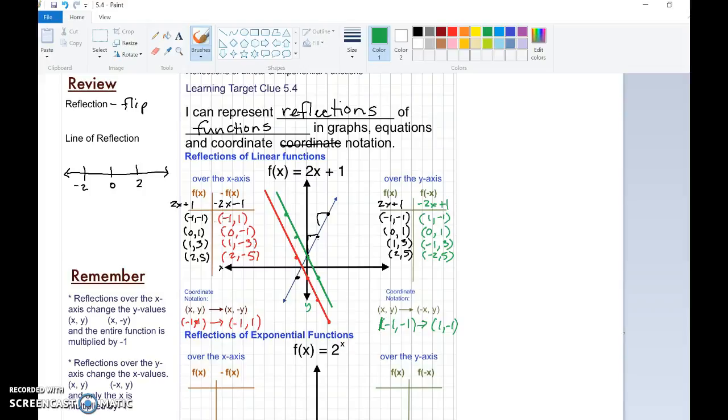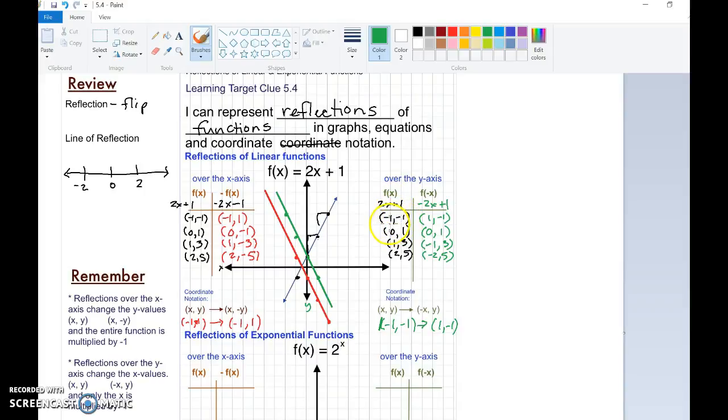Okay, now back to over the y-axis. When we went over the y-axis, we noticed that every point on the right-hand side of the y-axis flipped over to the left-hand side, and every point on the left-hand side flipped over to the right-hand side. That meant our y values stayed the same, but our x values changed.